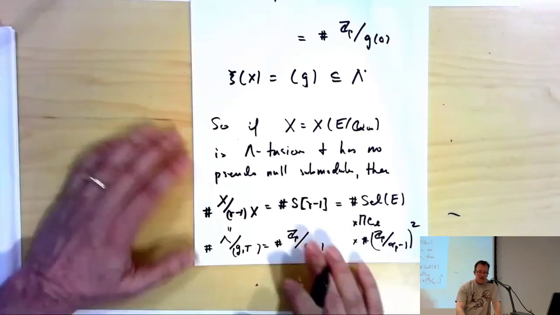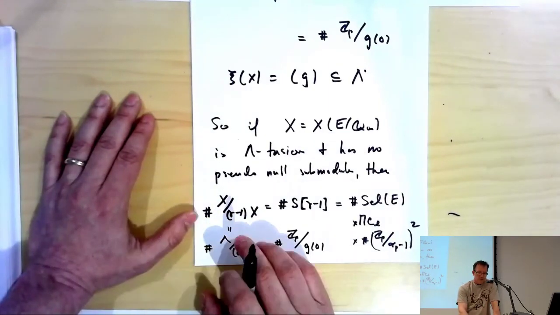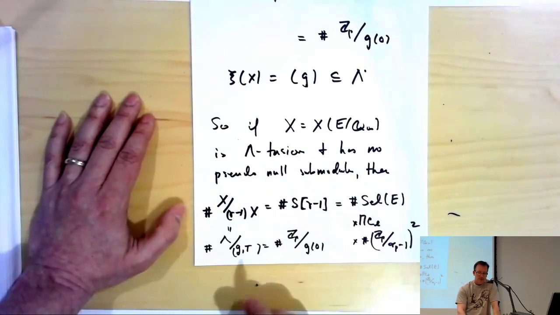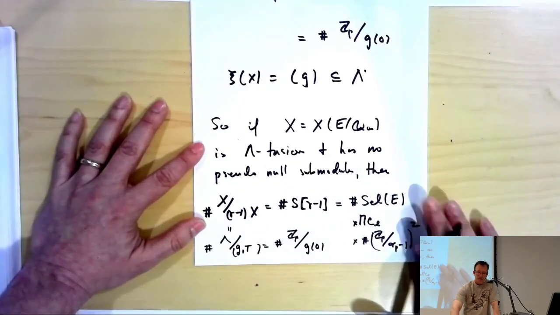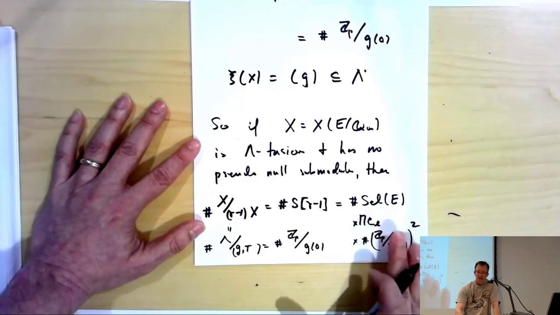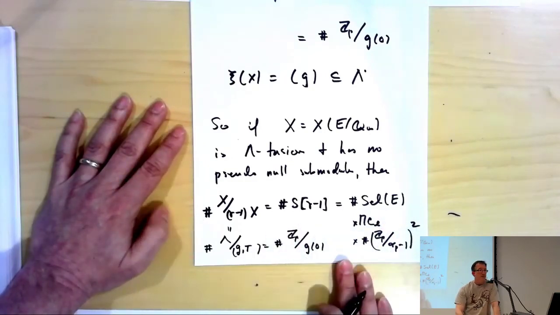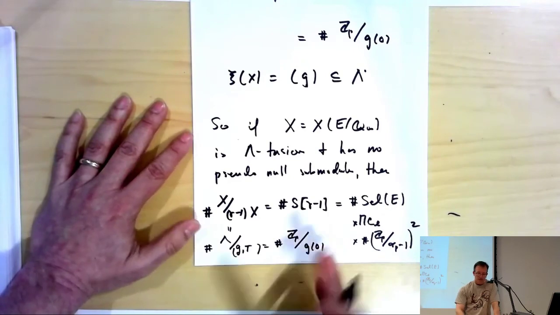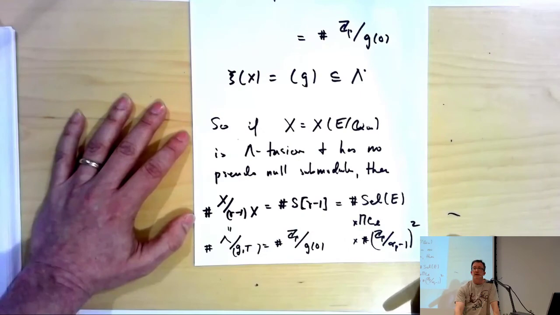So what this is saying is that if the dual of the large Selmer group is Lambda torsion and has no pseudo-null submodules, then we can see the order of the Selmer group times these Tamagawa factors plus this correction term at p as the value, up to a p-adic unit, of the constant term of a generator of the characteristic ideal.